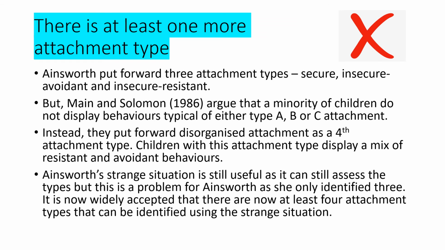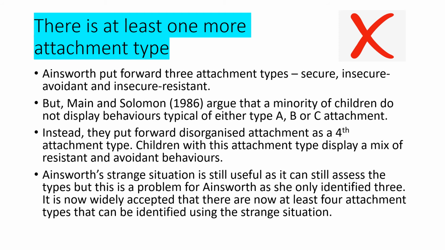And finally, a further limitation is that there is at least one more attachment type. So Ainsworth is putting forward that there are 3 attachment types. We've got the secure, insecure avoidant, and insecure resistant. But we have Main and Solomon in 1986 who argue that a minority of children do not display behaviours typical of either type A, B, or C attachment. So instead they argue that there's this thing called disorganised attachment, and that is a 4th attachment type they suggest.